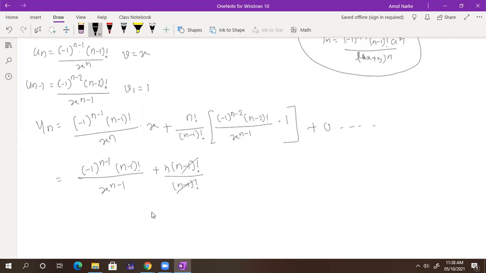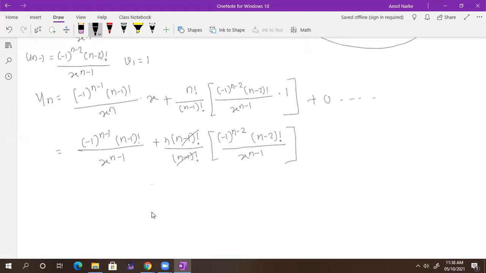This gets cancelled. Plus minus 1 raised to n minus 2, n minus 2 factorial divided by x raised to n minus 1. Are you getting what I am doing here? Yes or no?